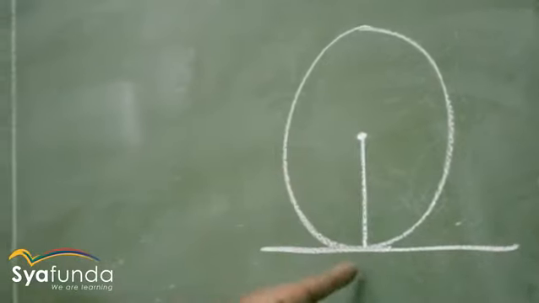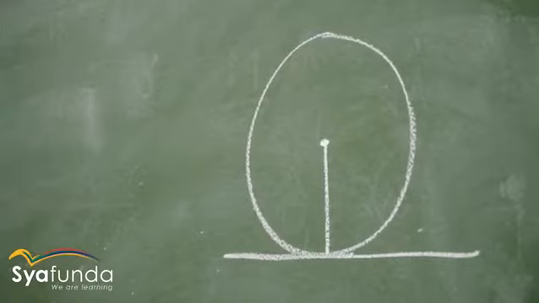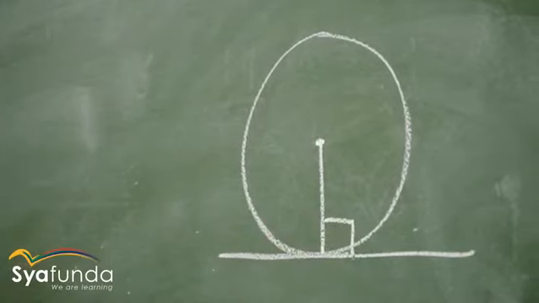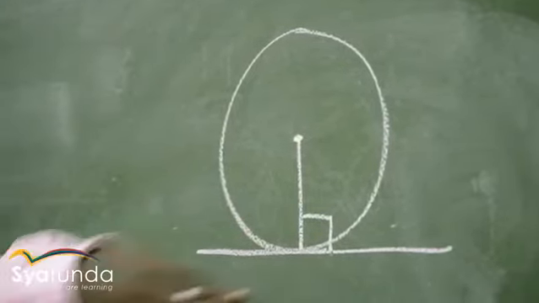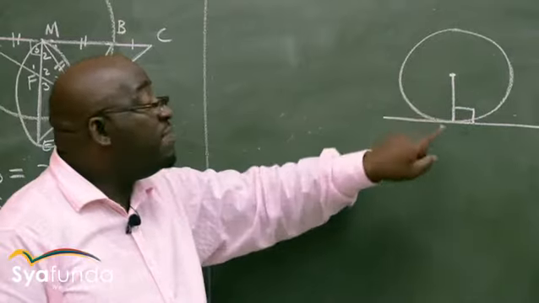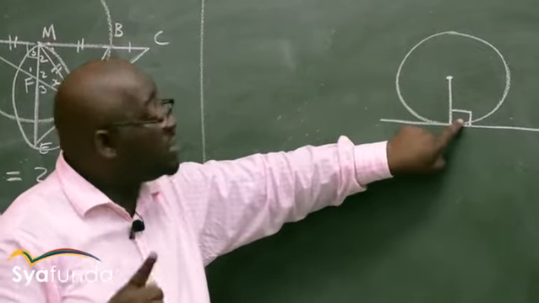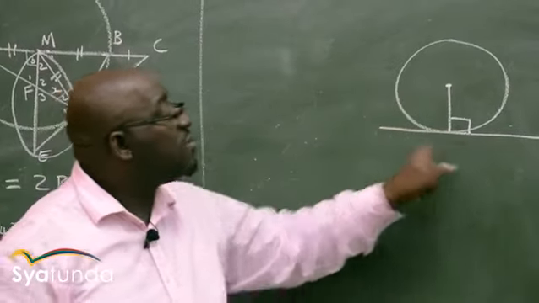I know this one is a radius, or maybe I don't even know it. But whenever the angle formed here is 90 degrees, I will definitely know the name of this line and that line. If this angle is 90 degrees, it tells us that this line is a radius and this one is a tangent.